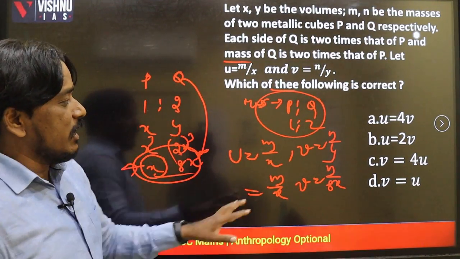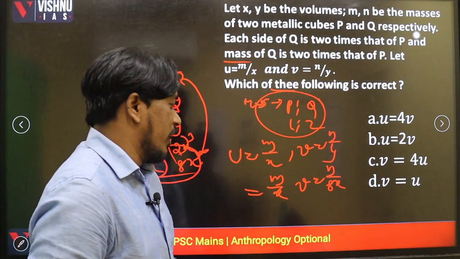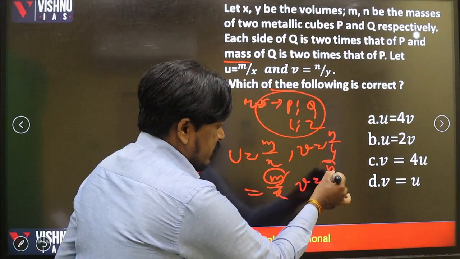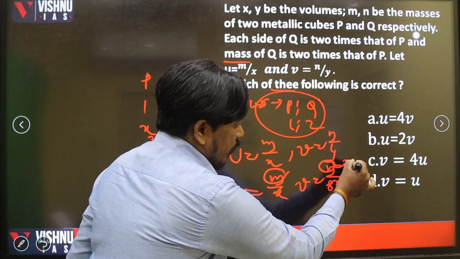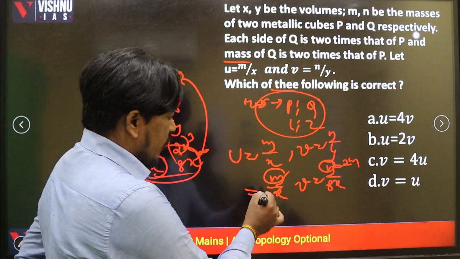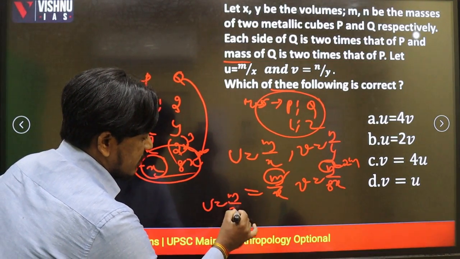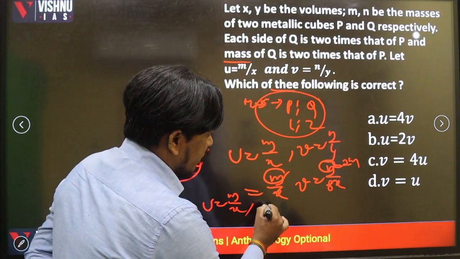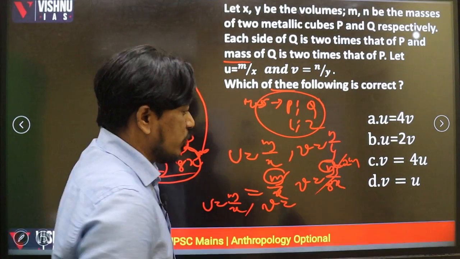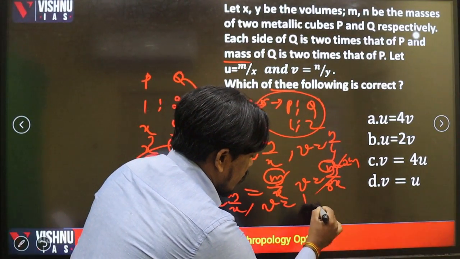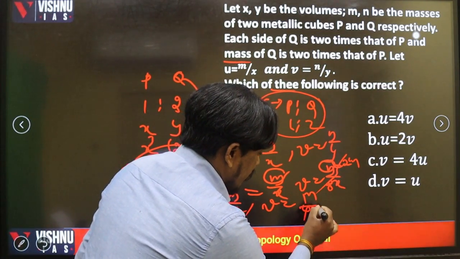The volume ratio is 1:8. Substituting these two values, U becomes m by x, and V becomes n by 8x. Similarly, the mass ratio of P and Q cubes is 1:2, so the numerator for P is m and for Q, n is 2m. Simplifying, U is equal to m by x, and for V the 2 cancels, so 2 by 8 gives 1 by 4, and V is 1 by 4 times m by x.